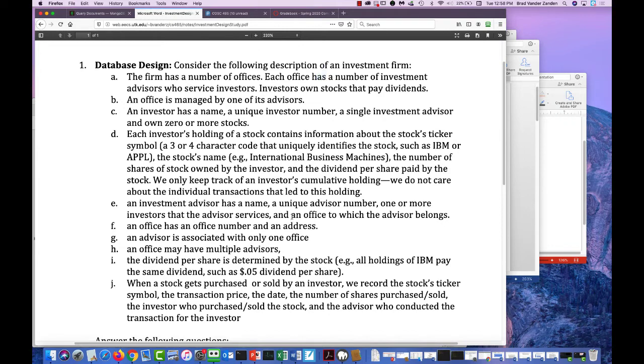This is different, the other side of the relationship. So this is implying that an advisor belongs to only 1 office. So it's also giving us multiplicity information about that relationship that we can use later, and that is that an advisor seems to belong to exactly one office. Not many offices, but exactly one.